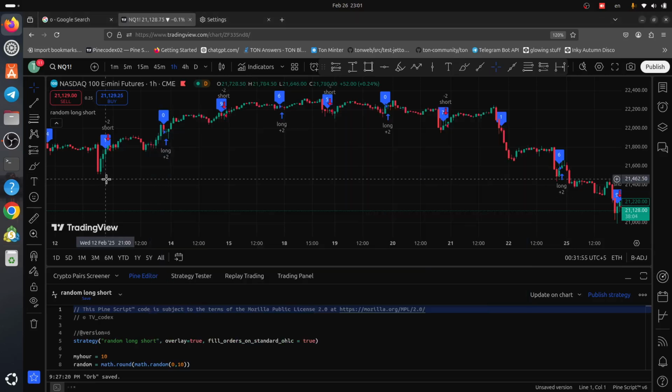Hi, today we want to make a funny strategy based off chance, random, long and short.